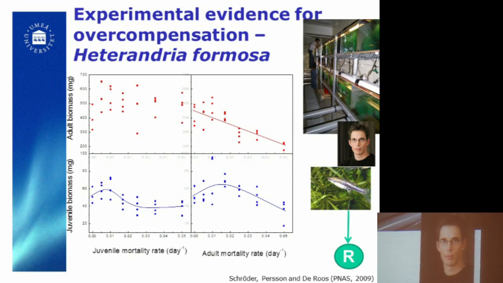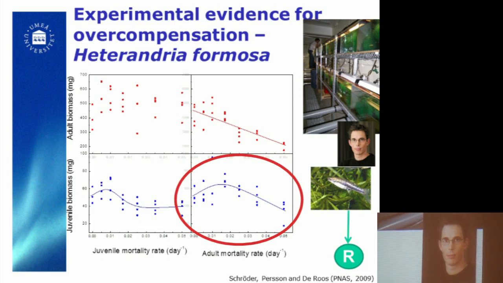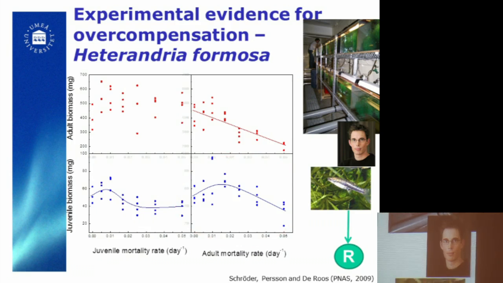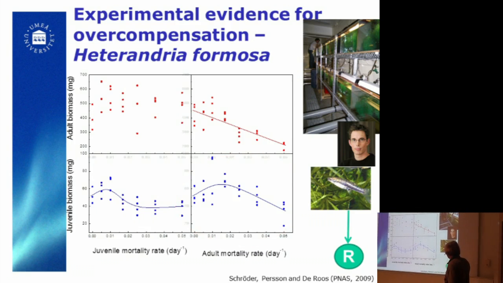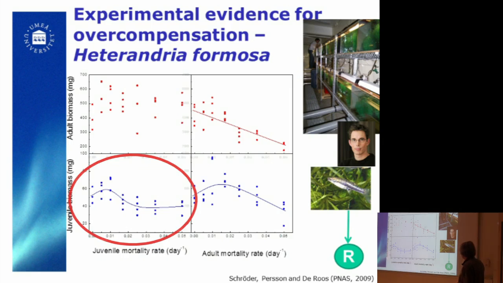And if he increased adult mortality, he showed typically this hump in the response of the juveniles. But that was present, significantly present, even if these juveniles were exposed to mortality. You still had this hump, that is, overcompensation in biomass, in juveniles, and in adults not, or even a decrease.